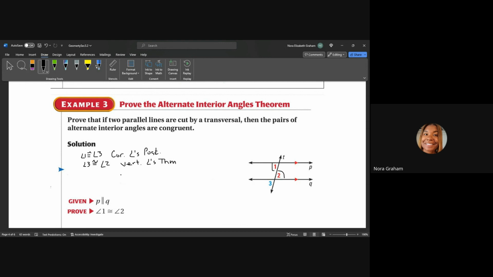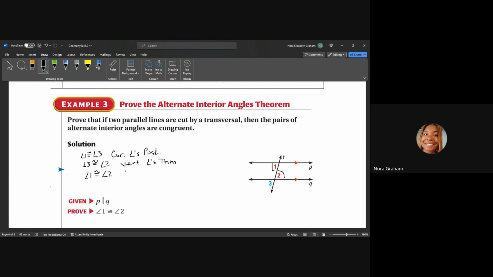And then for this one right here, I have angle 1 is congruent to angle 2. And we're going to see this reason a lot as well when we do proofs. Since angle 1 is congruent to angle 3, and angle 3 is congruent to angle 2, that means that angle 1 and 2 must be congruent because of the transitive property. Angle 3 equals both 2 and angle 3 equals 1.